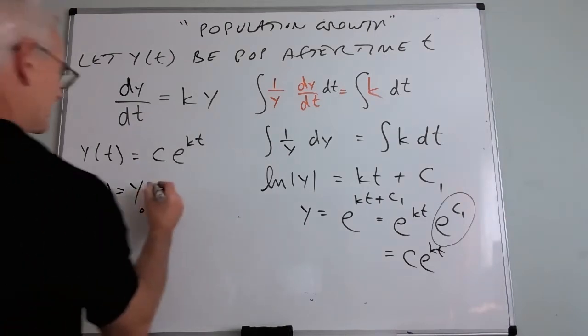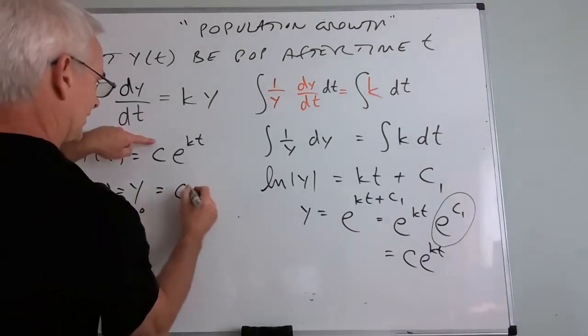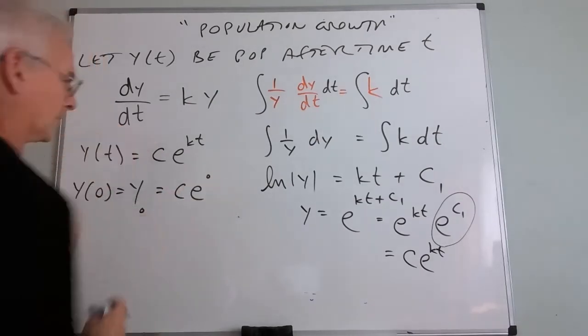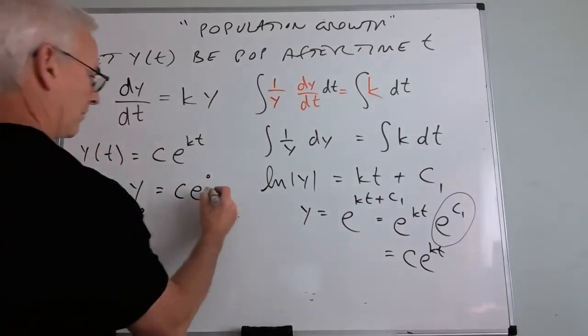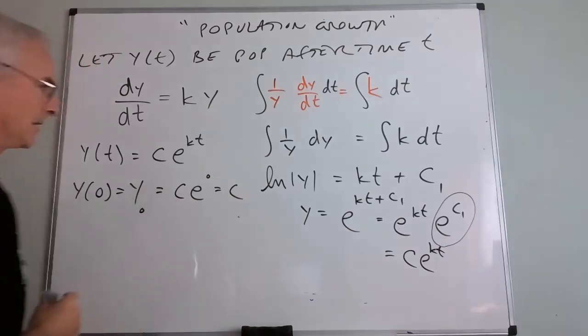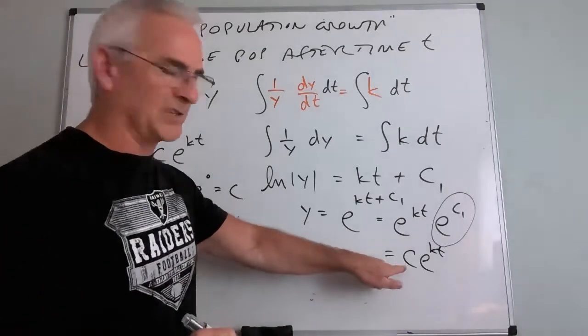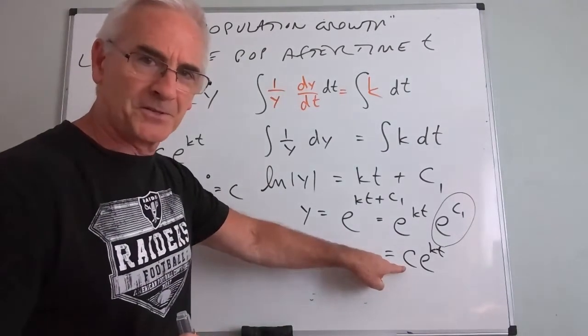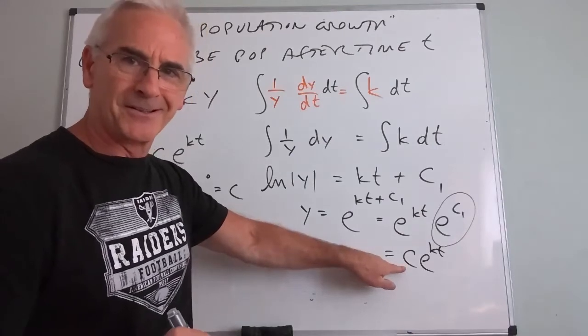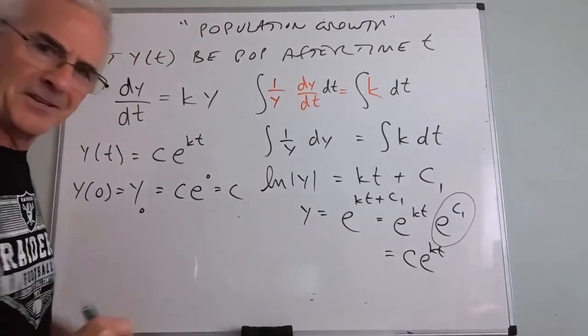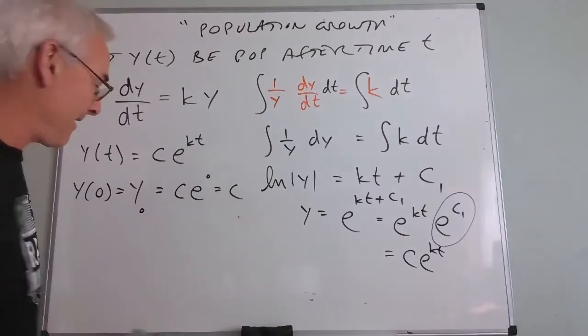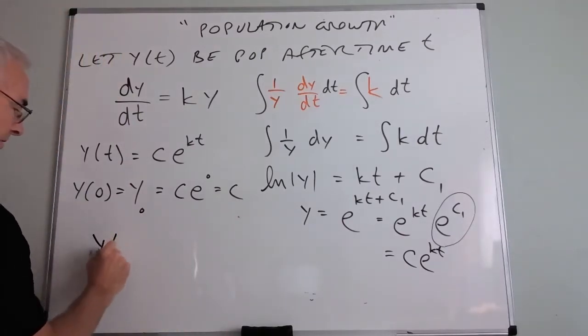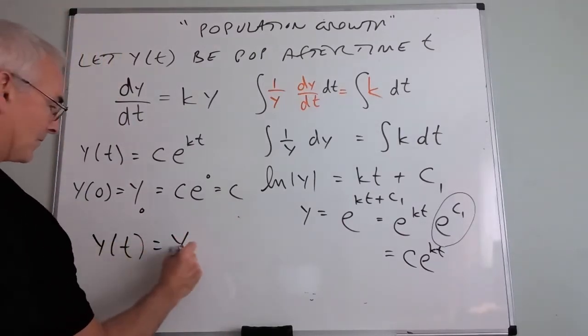Well, what is y of 0? That would be c e to the 0. But that's just c. Oh, so this c that we called an arbitrary constant is far from arbitrary, isn't it? It's the initial population. So now we have the final version of population growth.